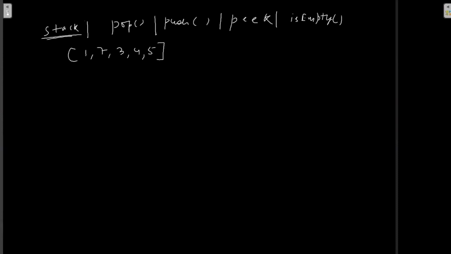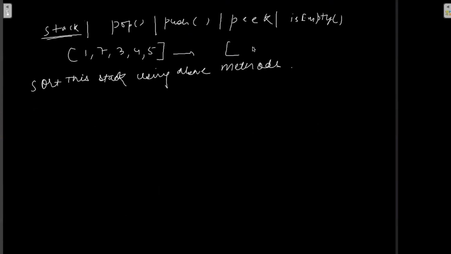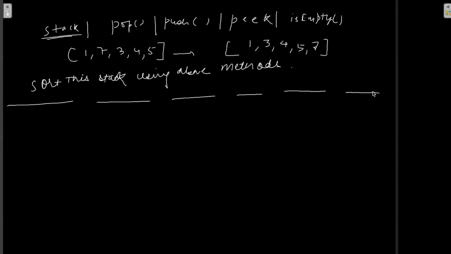What you have been told is to sort this stack using the above. So basically, this has to be converted into 1, 3, 4, 5, and 7. This is my input, and this is my output.